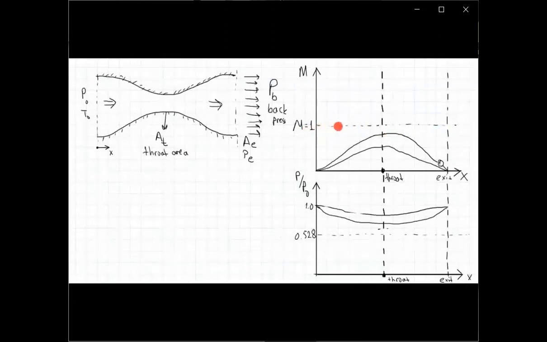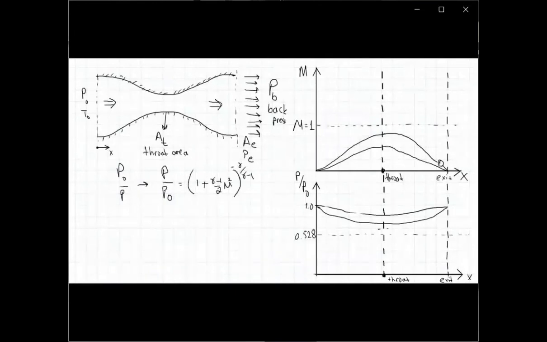Of course, when Mach number is equal to 1, from the isentropic relation, let's write it over here, we know that the static pressure to stagnation pressure ratio, let's write it in the reverse sense because we have the reversed version on our plot, is equal to 1 plus gamma minus 1 over 2 M squared, to the power minus gamma over gamma minus 1.